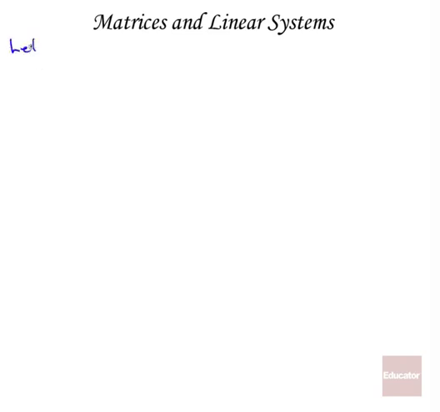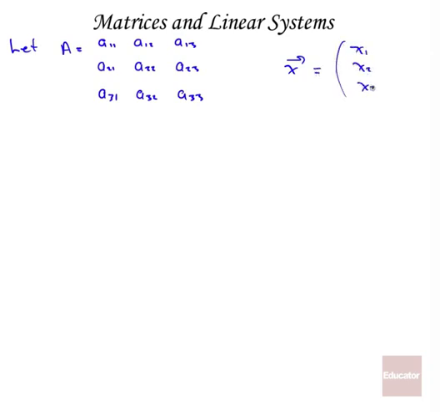So let me go back to blue here. We will let A equal A11, A12, A13, A21, A22, A23, A31, A32, A33, and we will let x, the vector, be our vector, let's call it x1, x2, x3.